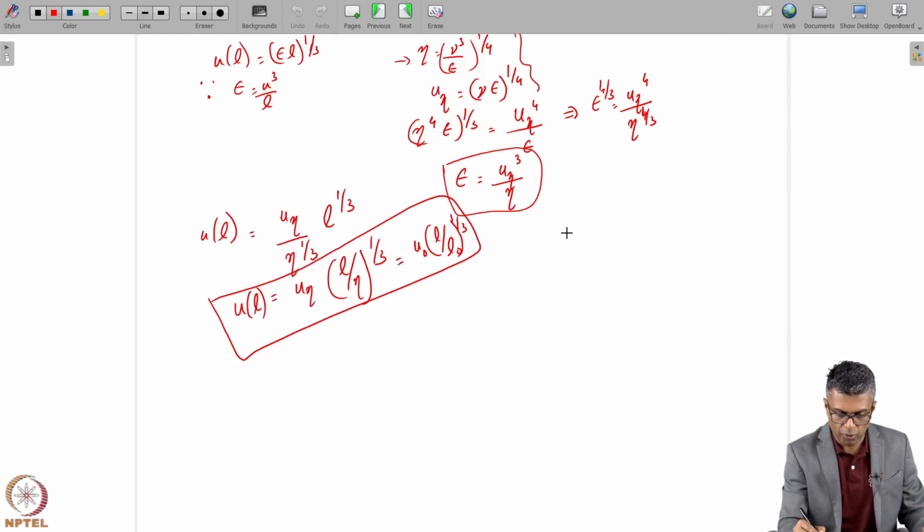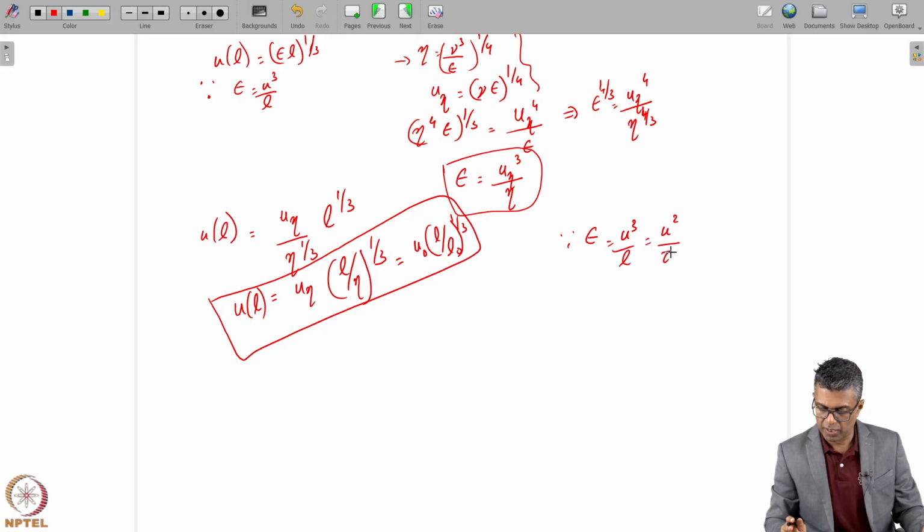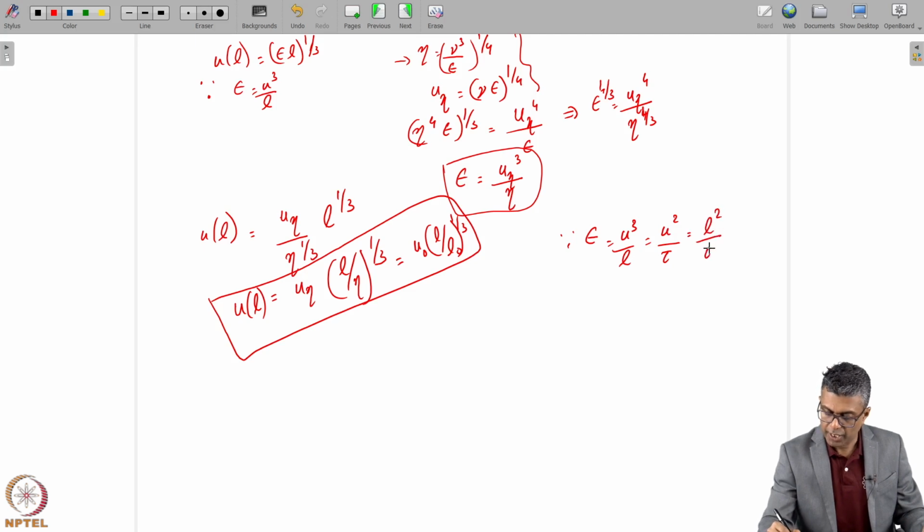u of L, so since epsilon is equal to u cubed over L or u squared over tau, which means if I write this u in terms of L over tau, then this becomes L squared over tau cubed.